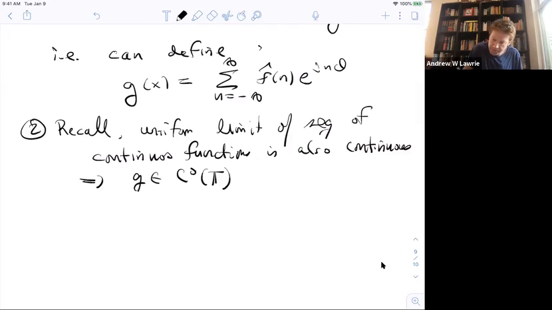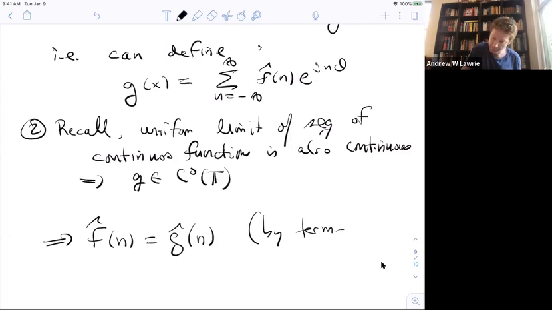And next, note that the Fourier coefficients of g are the same as the Fourier coefficients for f, right? Since I have uniform convergence, I can integrate term by term, and I can show that the Fourier coefficients of g are just given by f hat of n. So this implies that f hat of n is equal to g hat of n by term by term integration.